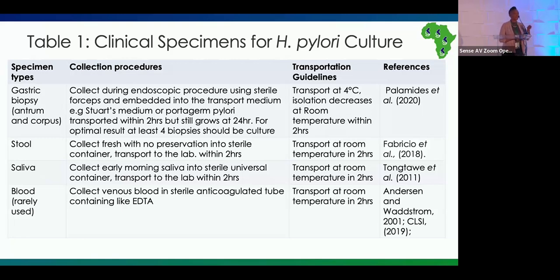And this biopsy is immediately embedded in the pathogen pylori transport medium so that it's not exposed to air. And then transportation is done within 2 hours, but from experience, we have received biopsies, and it took about 48 hours before we started culturing, and we were able to isolate H. pylori.